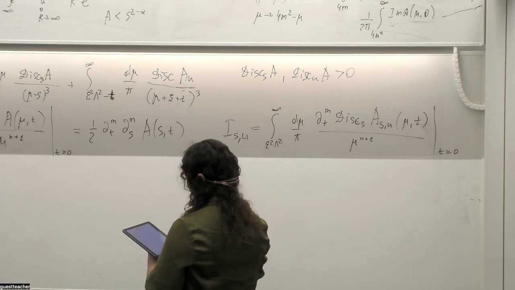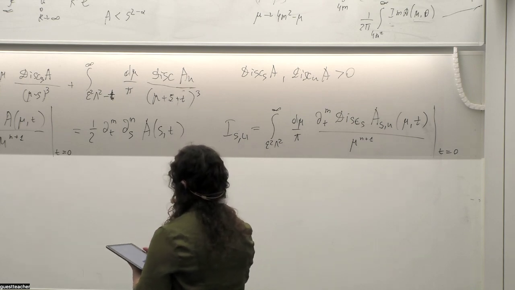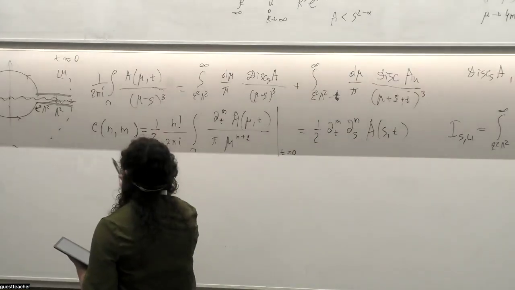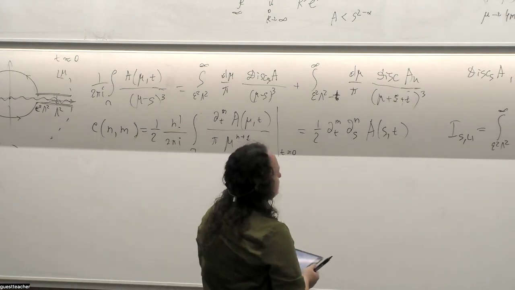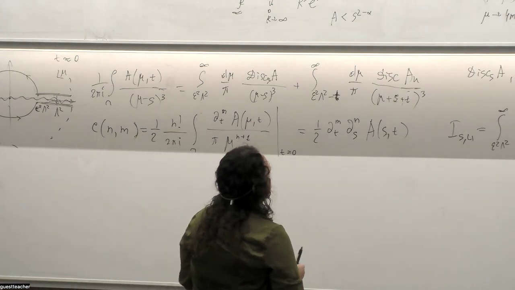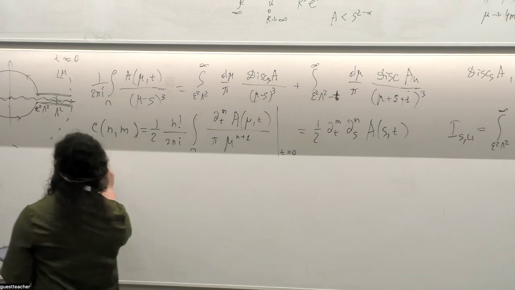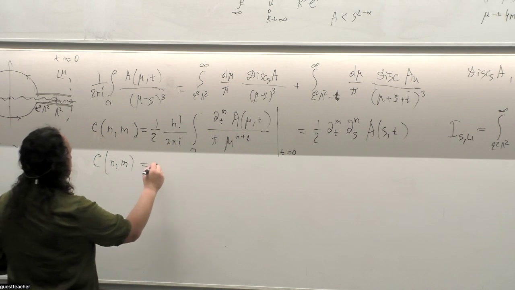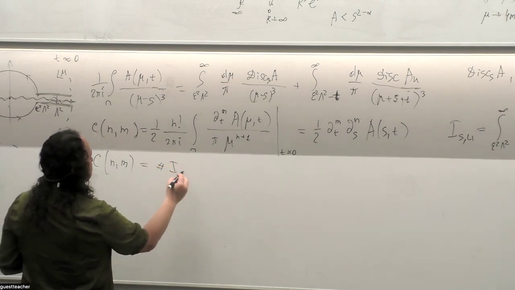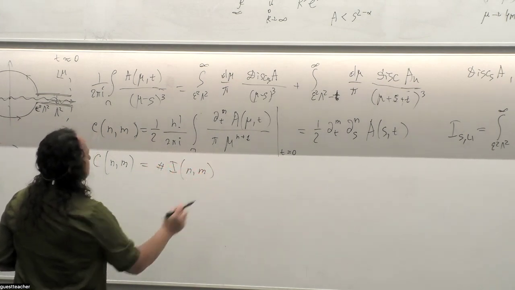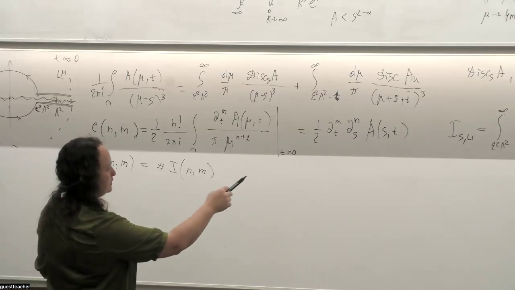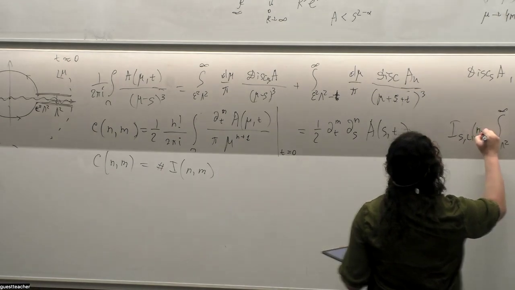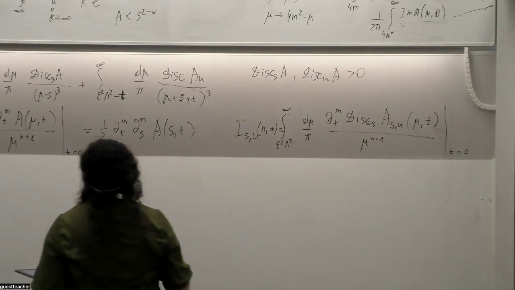In this case, the problem I need to solve is to bound the C_{n,m} coefficients, which are directly related to the amplitude expansion. I need to express C_{n,m} as some combination of I_{n,m}. Regarding I_{n,m}, they are positive.